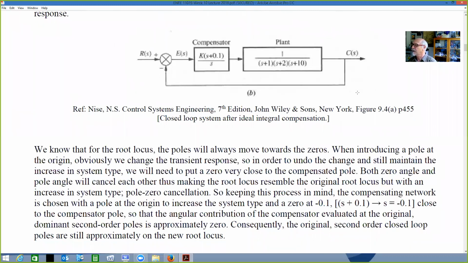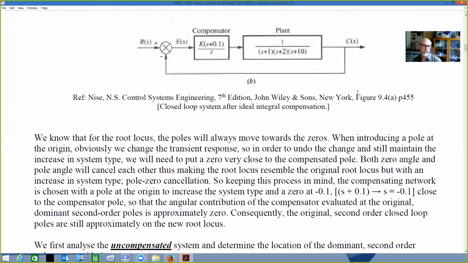Now, we know from the root locus, the poles will always move towards the zeros. That's what always happens. It's the basic characteristic underlying root loci. When introducing a pole at the origin, obviously we change the transient response. So in order to undo the change and still maintain the increase in system type, we'll need to put a 0 very close to the compensator pole, basically to counteract it.